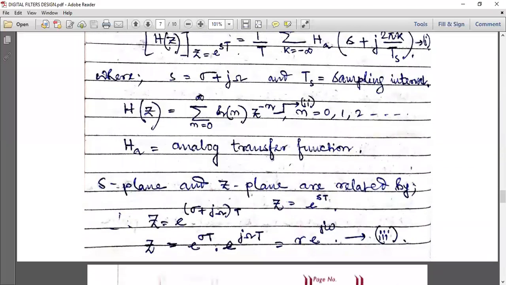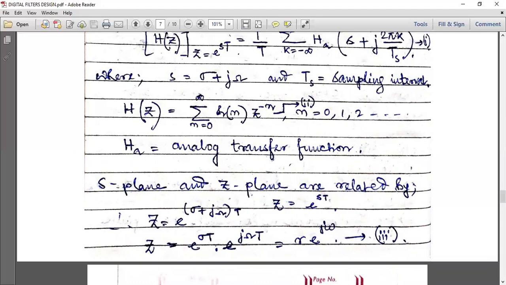Now, how are the S plane and Z plane related? S plane means frequency plane. You see, it's written S plane and Z plane are related by z equal to e to the power sigma plus j omega into T. Why?